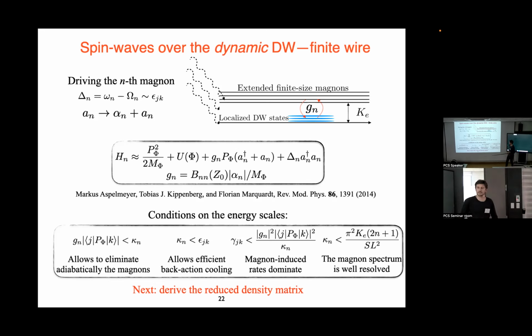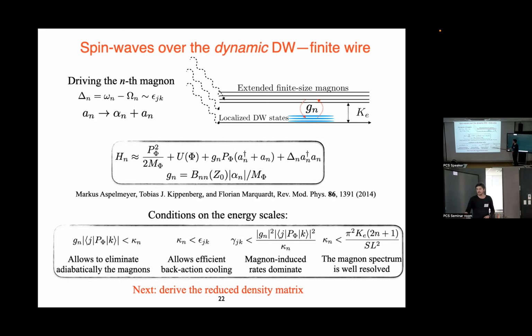Kappa_n, however, is smaller than the level spacing in the domain wall, which allows for efficient back action and cooling, as you will see in a moment. The Gilbert damping rates are smaller than the induced rates by the coupling to the magnons, which allows us to do something actively with these magnons on the domain wall that beats the Gilbert damping.